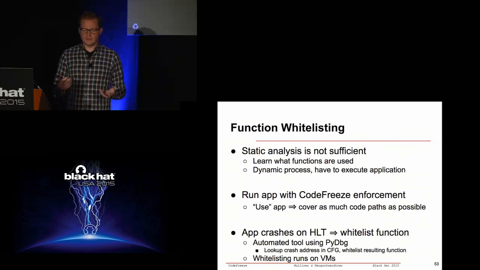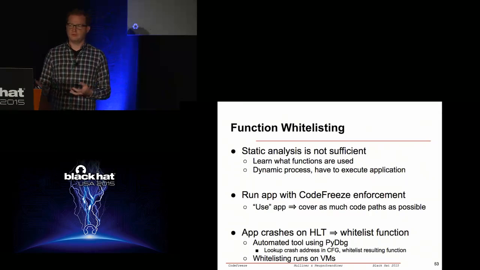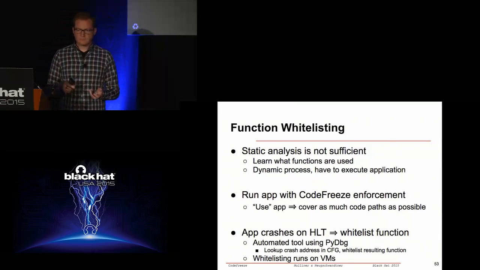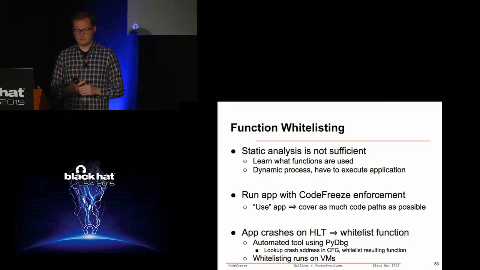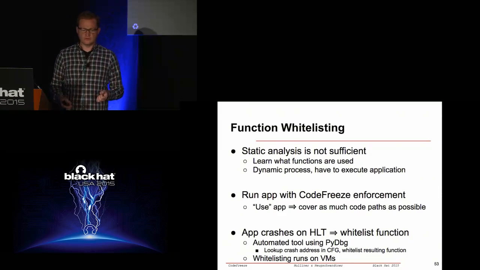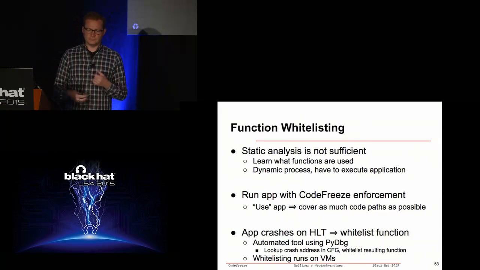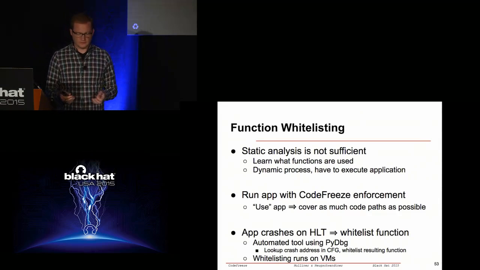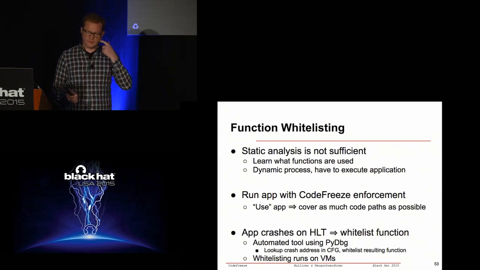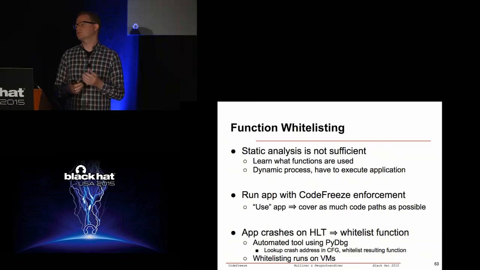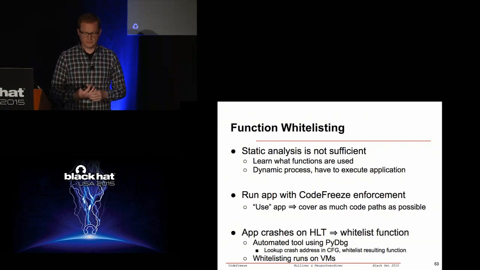So we have special modes where we run an application with CodeFreeze enforcement turned on, and then we have a small script which interacts with the application to cover as much functionality as possible. If during this normal execution in our test environment we trigger a crash due to a halt instruction, we can then automatically whitelist it and restart the testing.